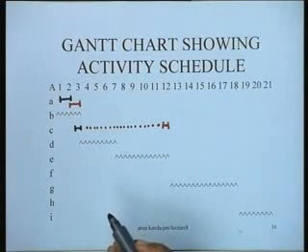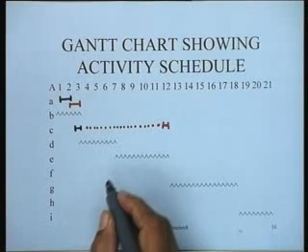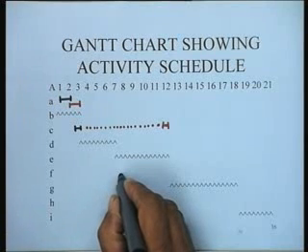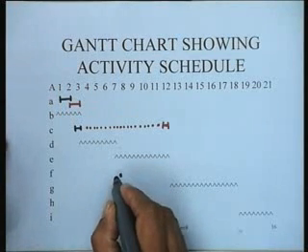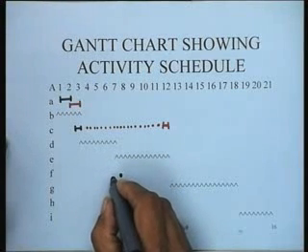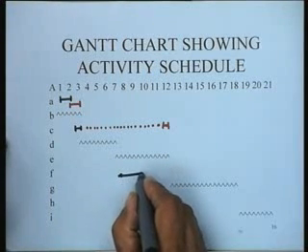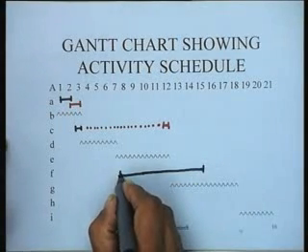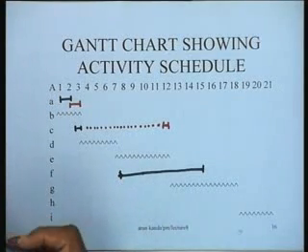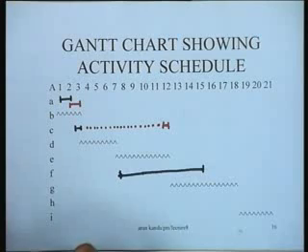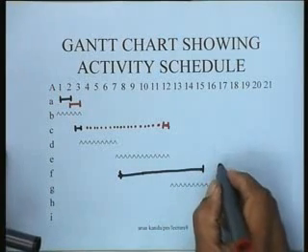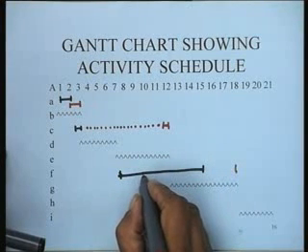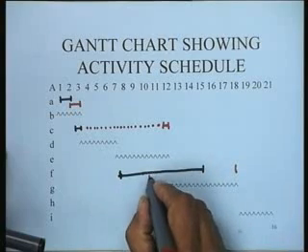The earliest start is the 7th day, so 7th to the 15th day it can go on in this particular mode here, or it could be rescheduled so that it is completed 3 days later in period 18, so it is started here in period 10, something like this.